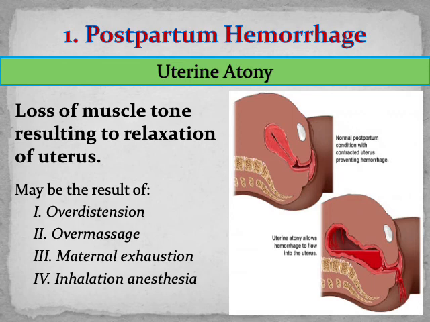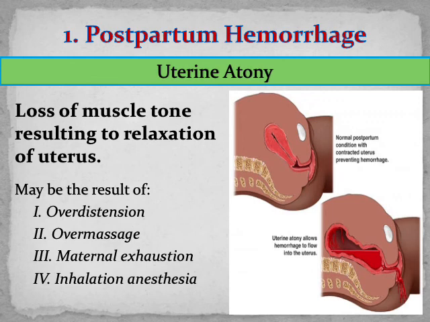This is to keep the open vessels from the placental site from too much bleeding. Hindi natin goal na walang bleeding because there is normal bleeding after birth dahil nagkaroon ng detachment ng placenta from the normal site. Pero it should not become excessive. Yun yung ayaw natin.